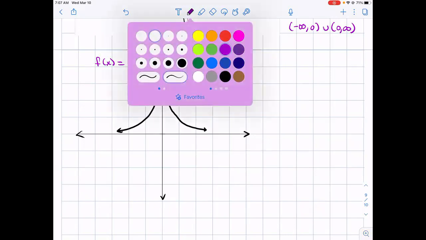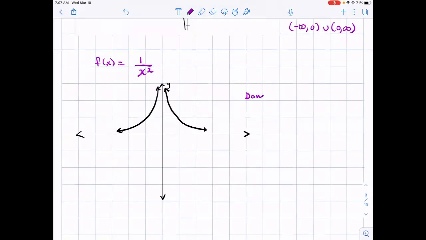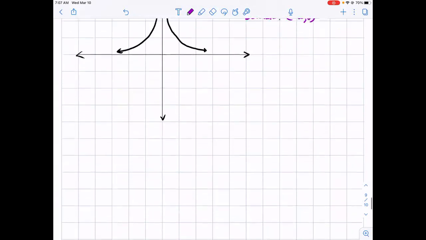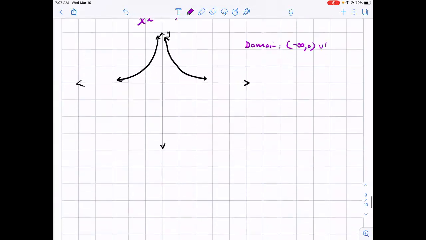So the domain here is very similar. It's minus infinity to 0, right? Because notice x cannot be equal to 0. Union that with 0 to infinity. And the range will only be from 0, not including 0, to infinity.